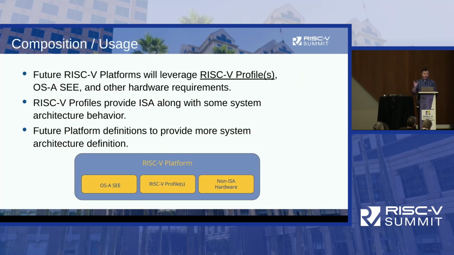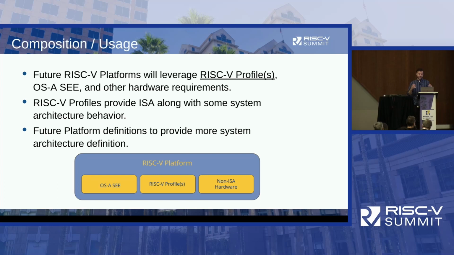All right, so Kirsten talked about platforms, and I do think this is an extremely important point. There's a lot of interest within RVI and members to take a lot of these pieces, we'll say, put a box around it for that matter, and specify more of the system level in addition to the profile. As Kirsten noted, profiles are providing ISA information.